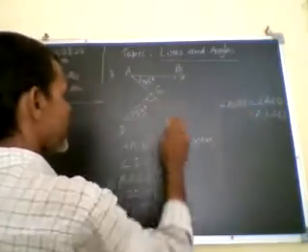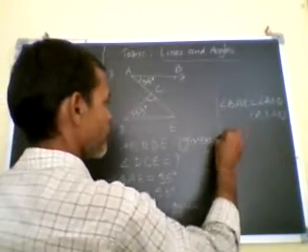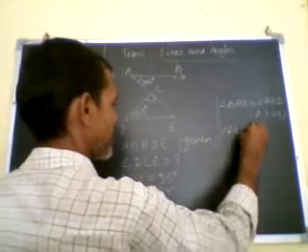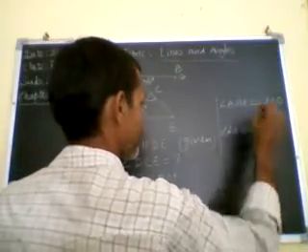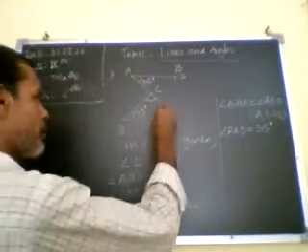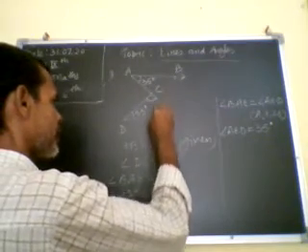Now BAE is 35 degree, so AED is also 35 degree. Now mark 35 degrees on this angle.